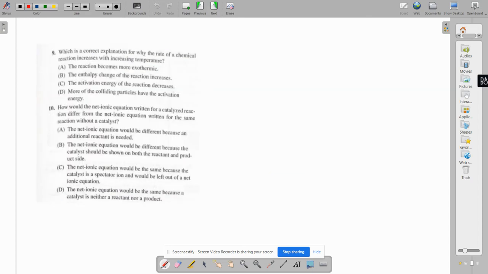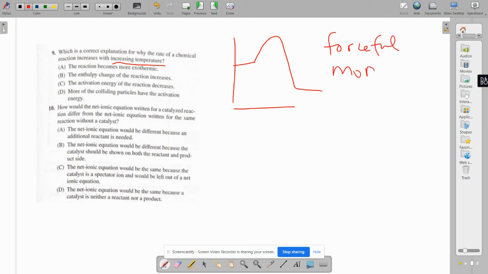So number 9 says, which is a correct explanation for why the rate of a chemical reaction increases with increasing temp. Just keep in mind, when you think about an energy diagram, when you increase the temp, you're going to have more forceful collisions and a greater number of collisions.